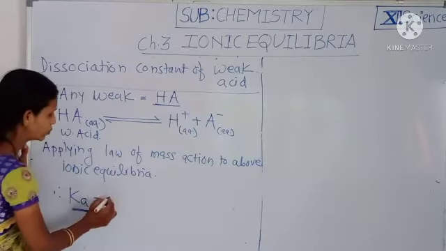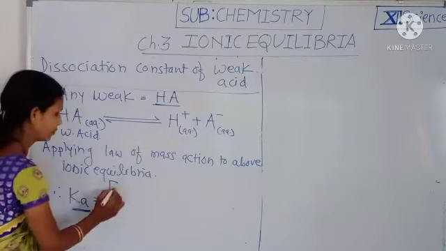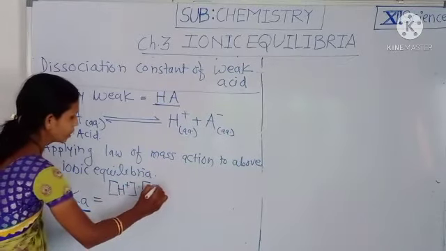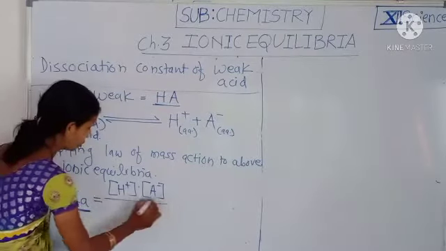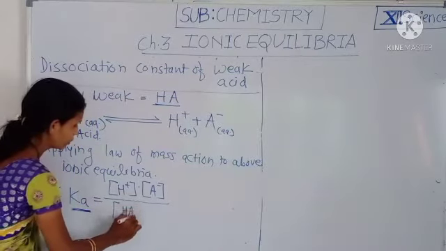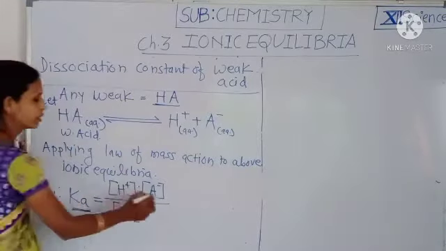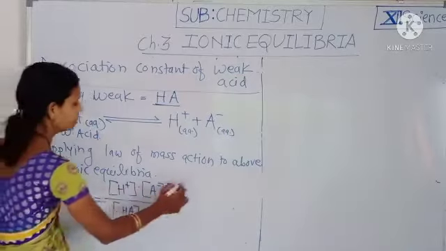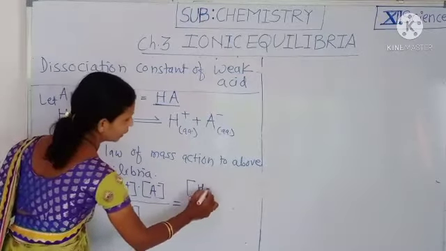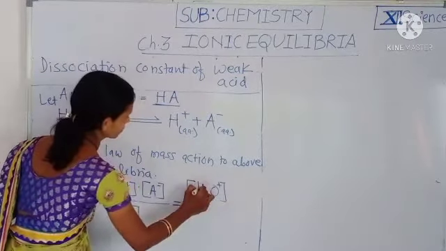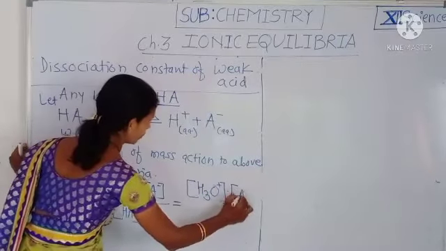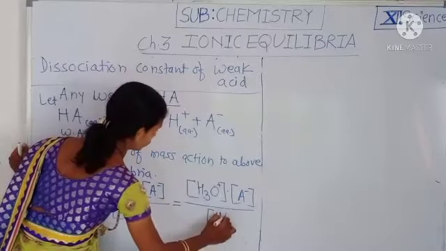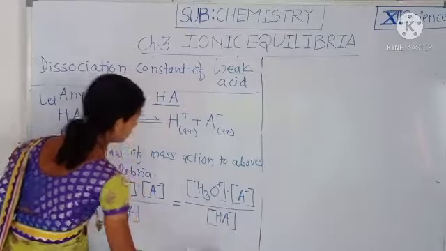Ka is equal to the concentration of H plus into the concentration of A minus upon the concentration of HA, or it can be written like this: Ka is equal to the concentration of H3O plus into the concentration of A minus upon the concentration of HA.